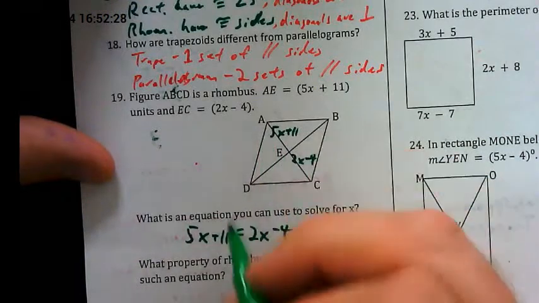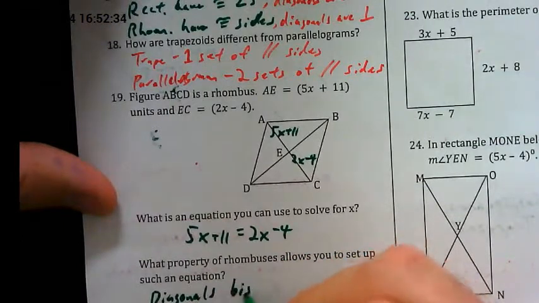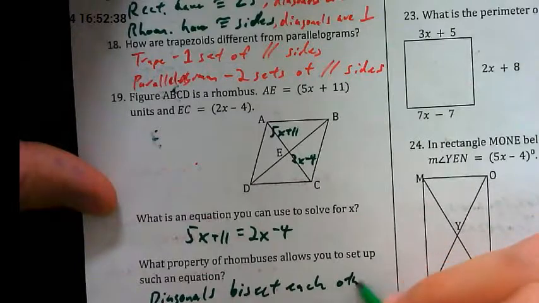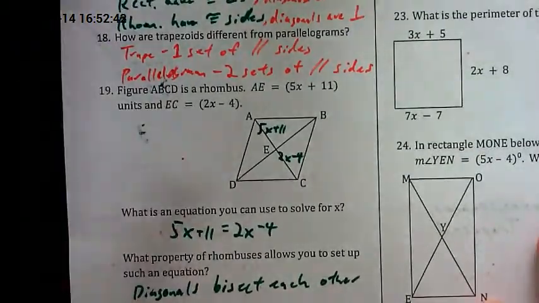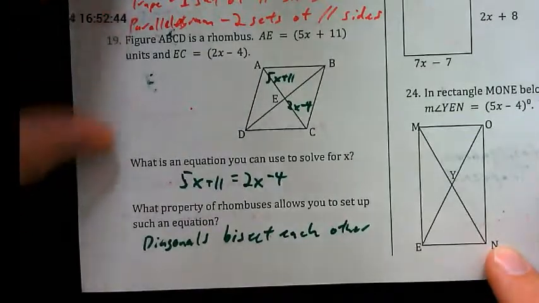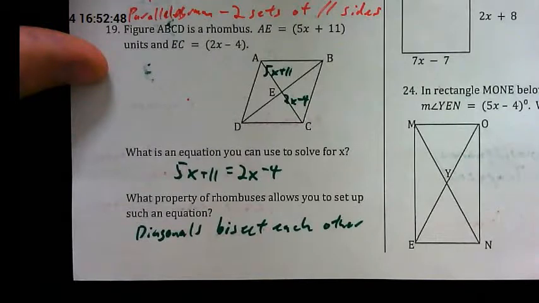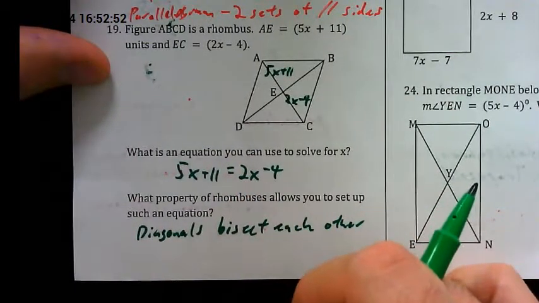Because the diagonals bisect. You can do parentheses around here.